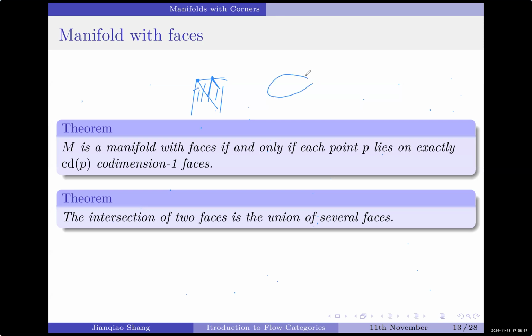But for your drop, this point should be codimension 2, but it's on the boundary of only 1 codimension 1 face. I also claim that the intersection of 2 faces is a union of several faces. It's easy to understand.